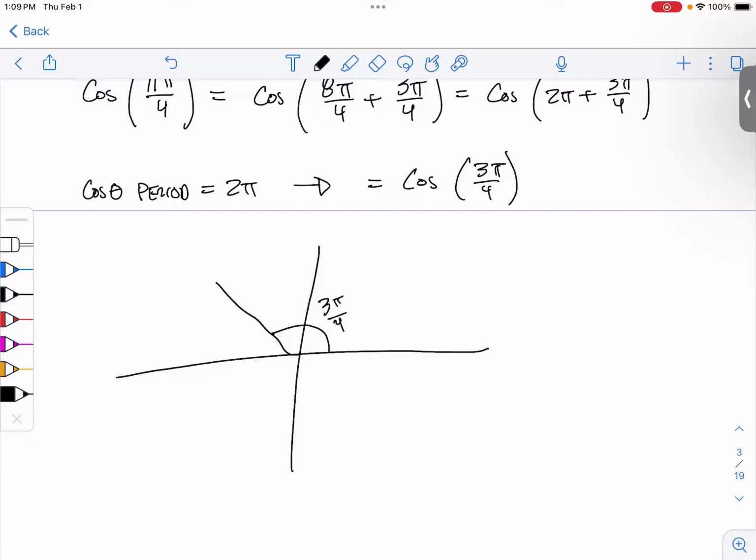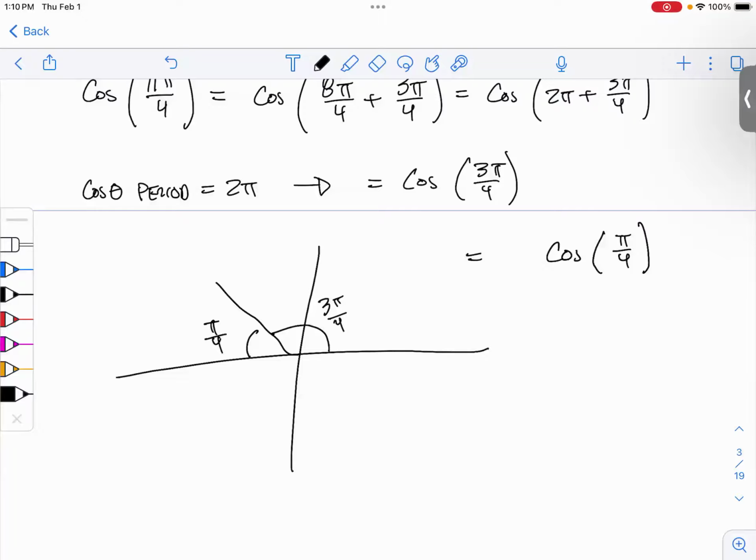And now we're going to use reference angles. If that's 3 pi over 4, what is the reference angle? Yeah, pi over 4. This then becomes cosine of pi over 4. And then, remember with reference angles, once you translate from whatever the full angle is to its reference angle, we have to identify the sign.